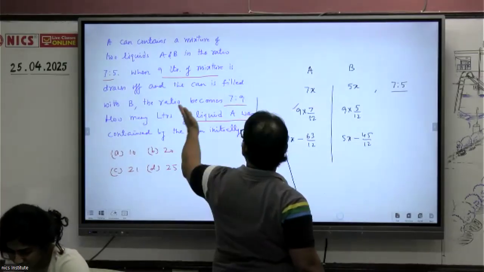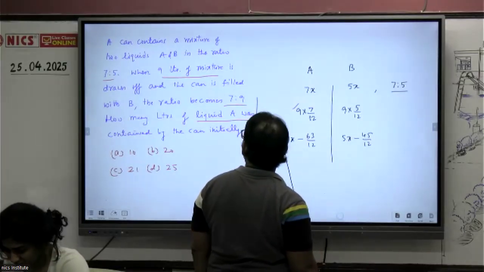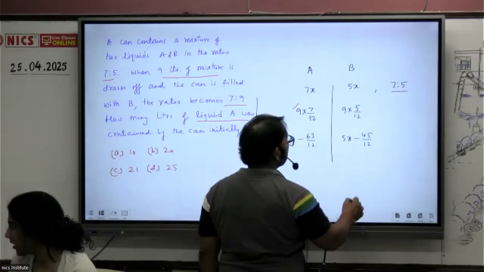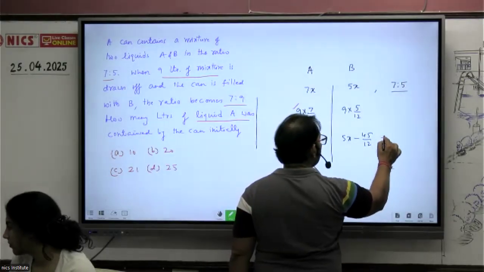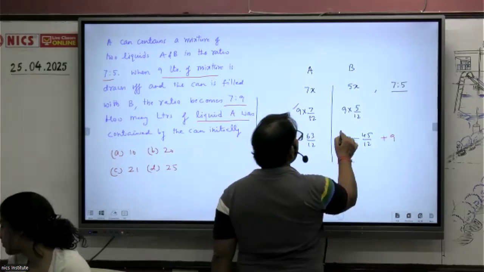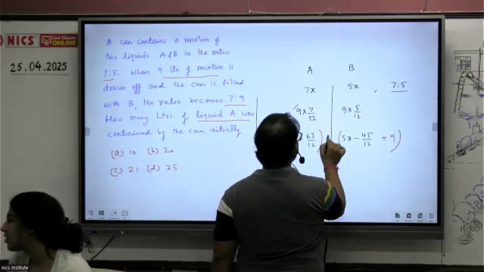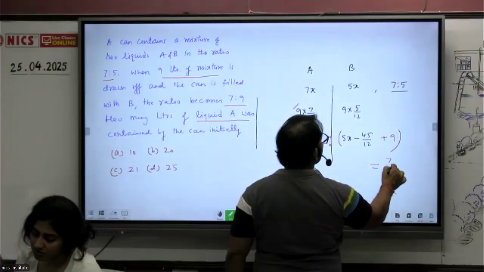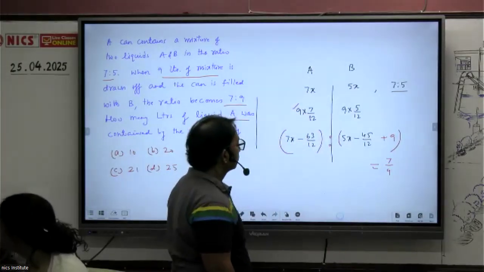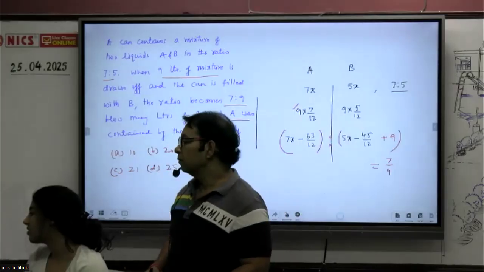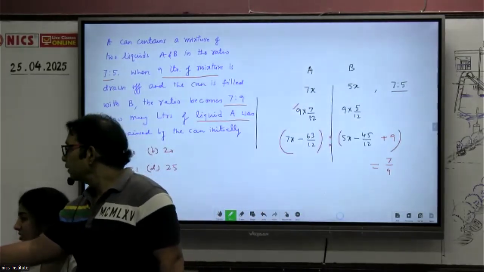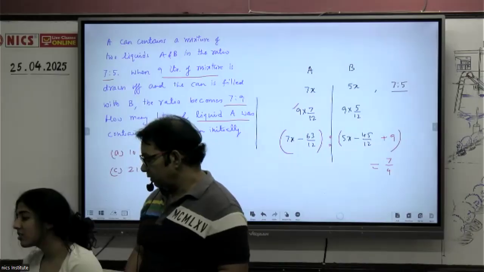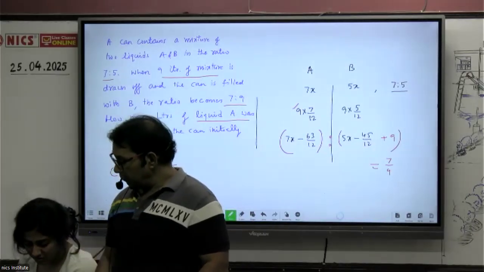What is written, I even underlined it. Now you are filling it with liquid B, that means you are adding 9 liter. With this I'm adding 9 liter, we are filling this with 9 liter of B. And now this ratio equals how much? 7 is to 9.